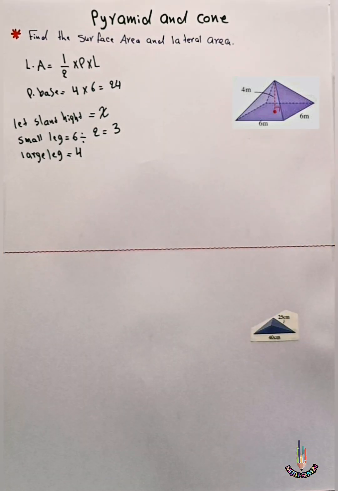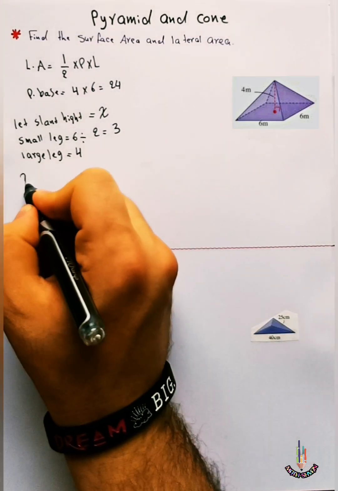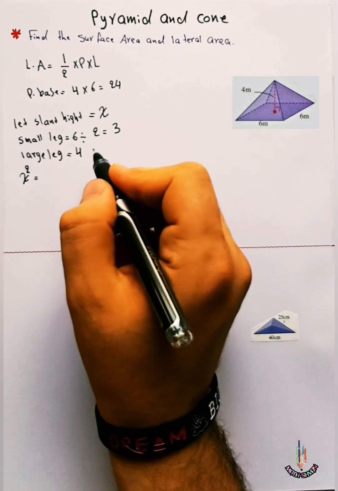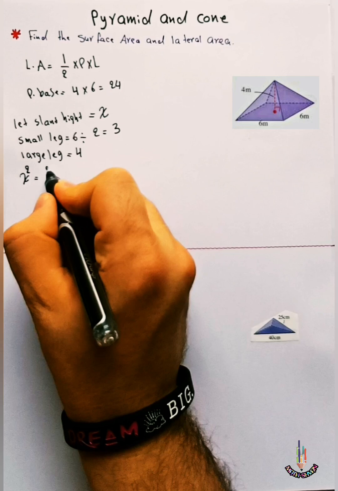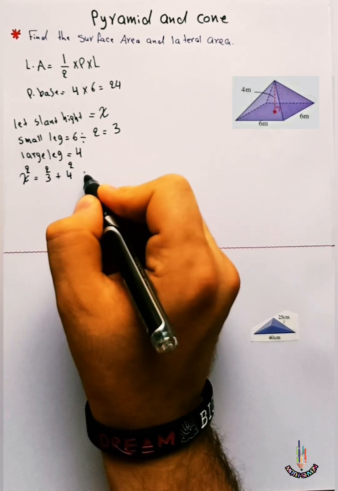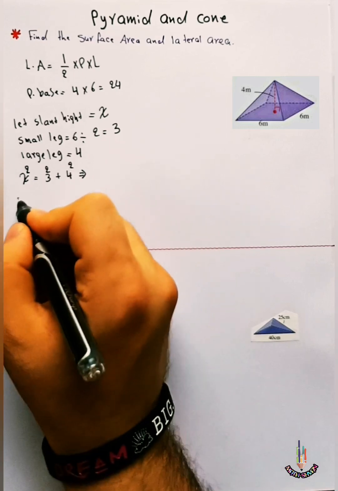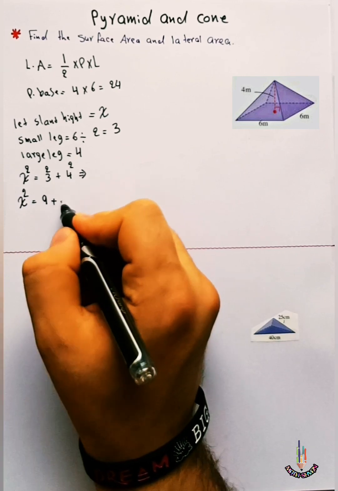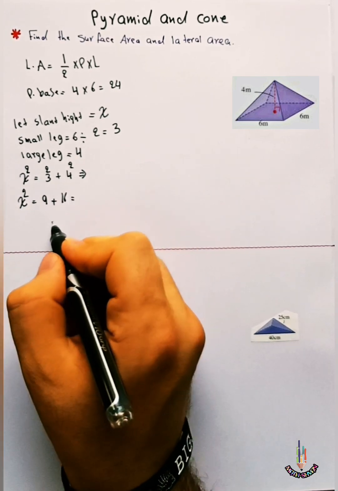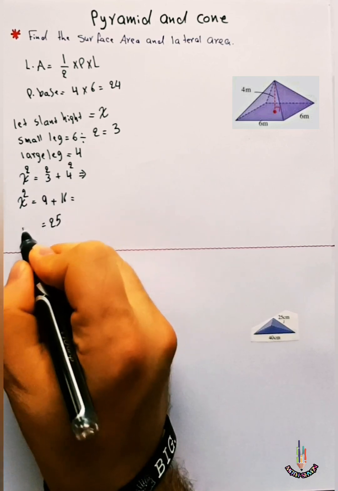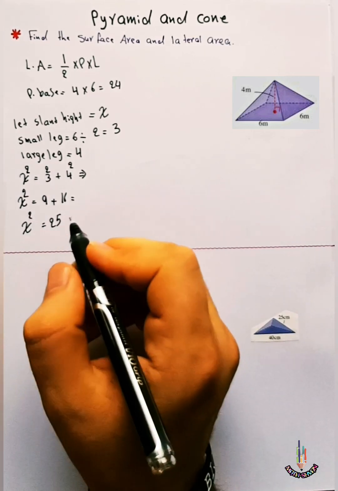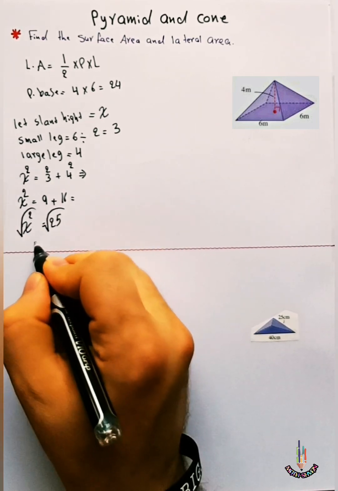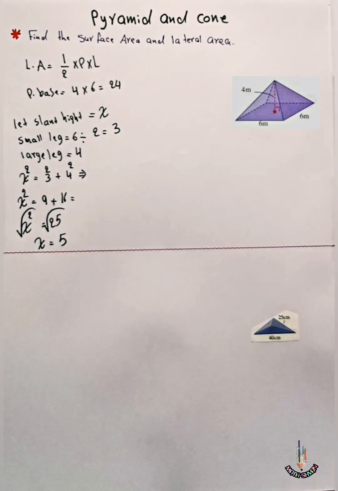After that we have to use the Pythagorean theorem: the apothem, slant height, x square equals small leg 3 square plus large leg 4 square. So x square equals 3 times 3 is 9 plus 4 multiplied by 4 is 16. 9 plus 16 equals 25. So x square equals 25. You have to take the square root of both sides. x is equal to 5.